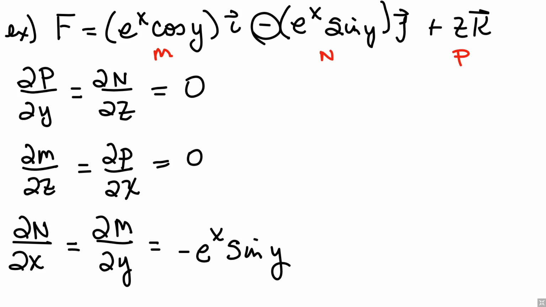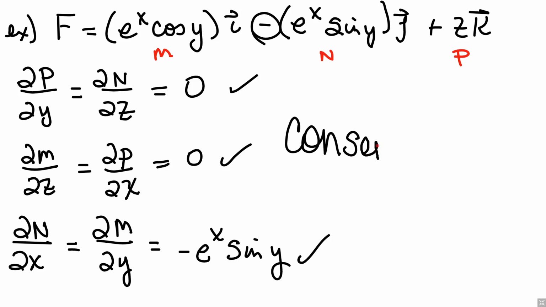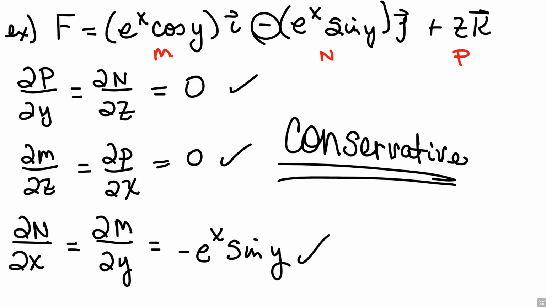We get the same answer. Yeah, you get the same thing. So basically every piece of this checks out. This makes it a conservative field. So it is going to be a conservative field. Any questions?